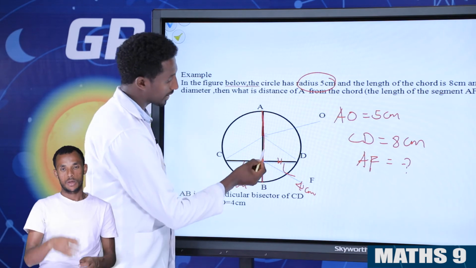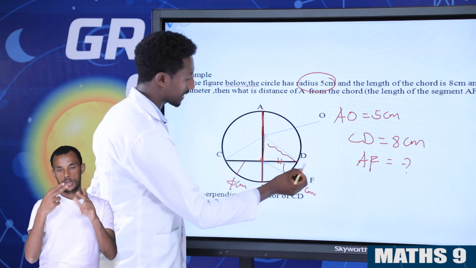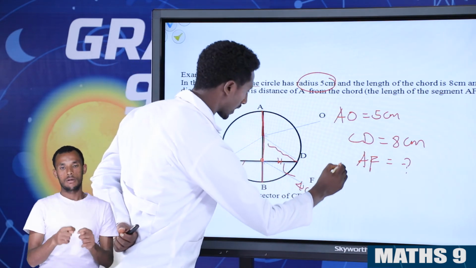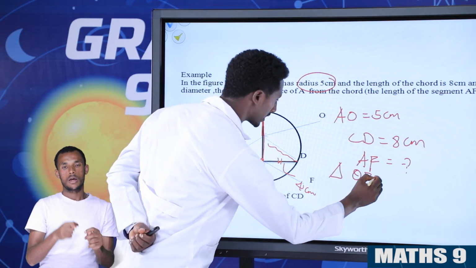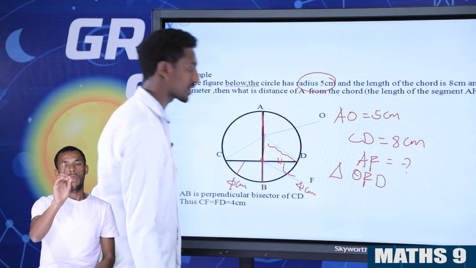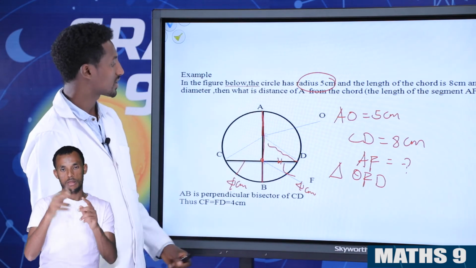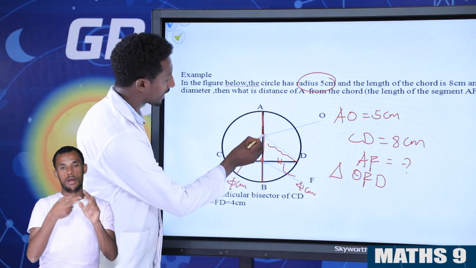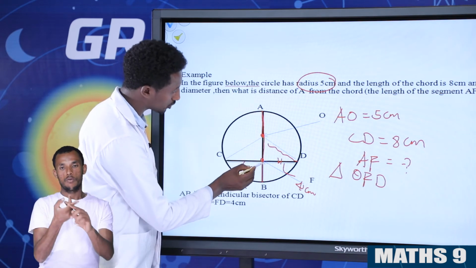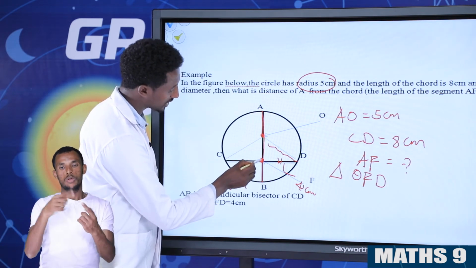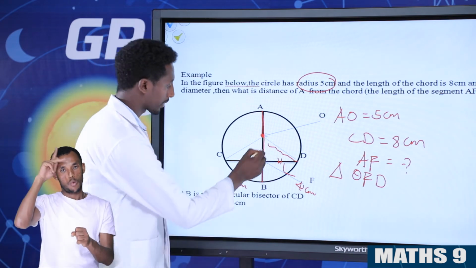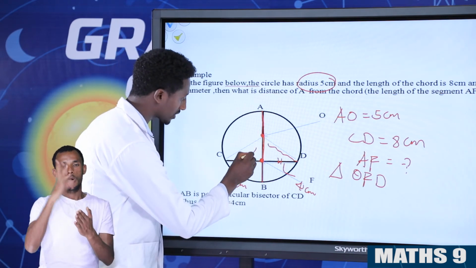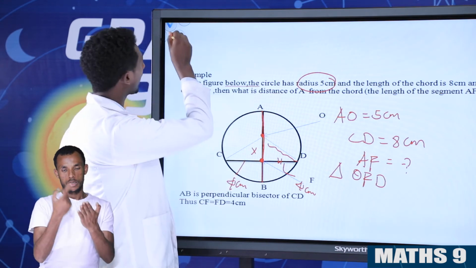So here we can observe this is a right angle triangle, OFD. OFD is a right angle triangle. If it is a right angle triangle, we can find the distance from the center to this point by applying the Pythagoras Theorem. Let this be x.